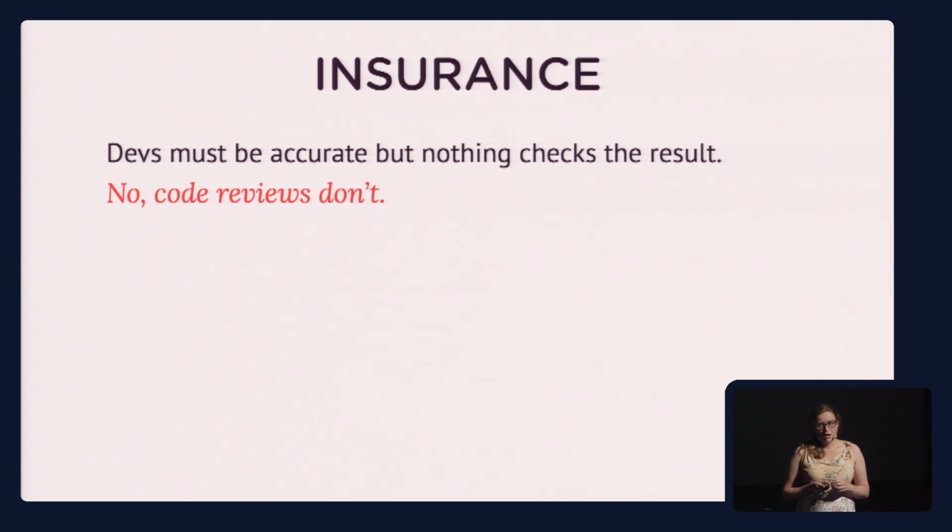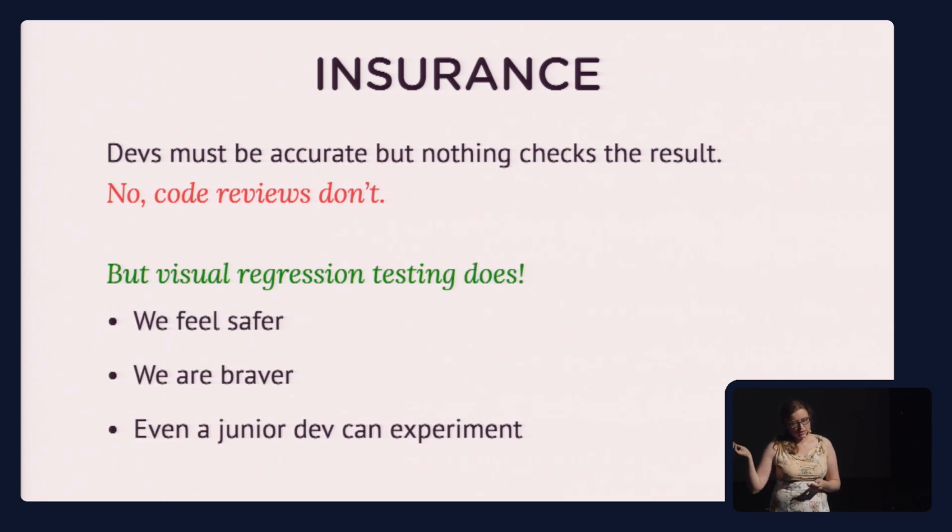Really? Well, there are pull requests and there are reviews, but they're still made by humans, and humans make mistakes. This is obvious, and this is how it should be. But visual regression tests help with it. We feel safer, braver, and we can experiment and develop our skills a lot, even with new techniques.